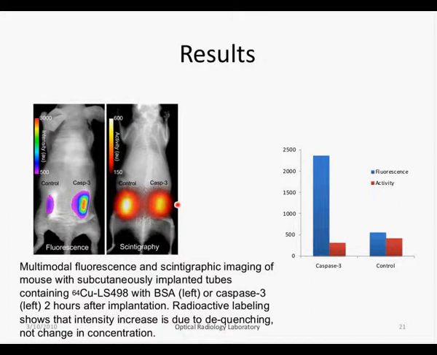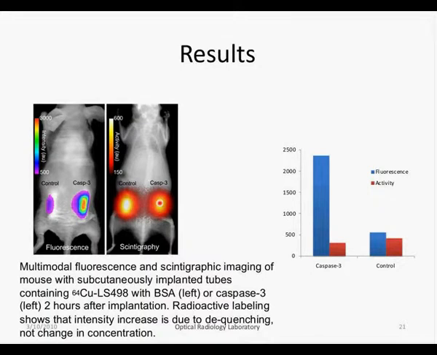But the radionuclear signal overlaying the X-ray here shows that the control and the caspase 3 have relatively equal amounts of the radionuclide. In fact, the control has a little bit more, it seems, so there may have been a little bit of a difference in the amount of the compound in this tube versus this tube.